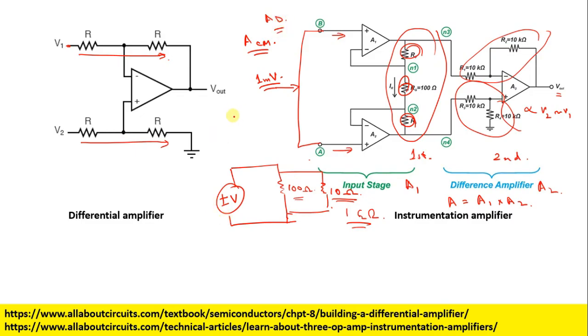ACM should ideally be 0, so CMRR should ideally be infinite. The higher the CMRR, the better the construction of your differential amplifier. This CMRR is also true for the differential amplifier. Please bear this in mind.